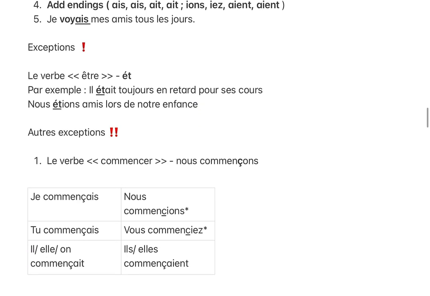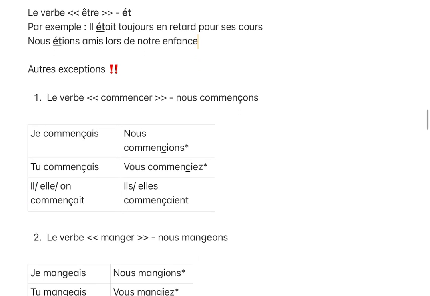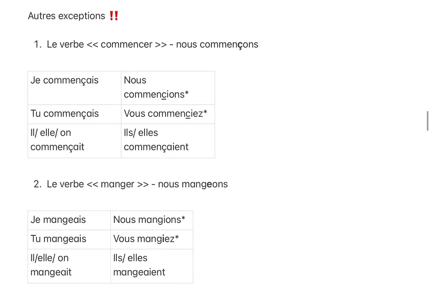Apart from that, there are other exceptions too. For example, the verb commencer, which means to start. So, to make the imperfect tense for the verb commencer, we follow the same steps.